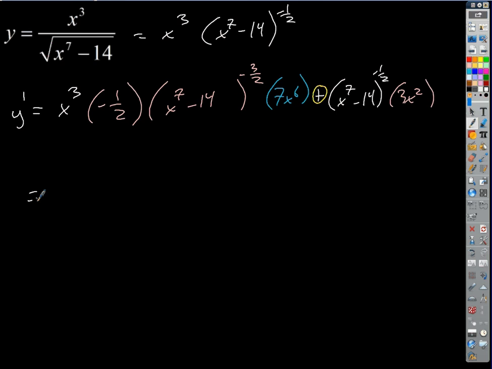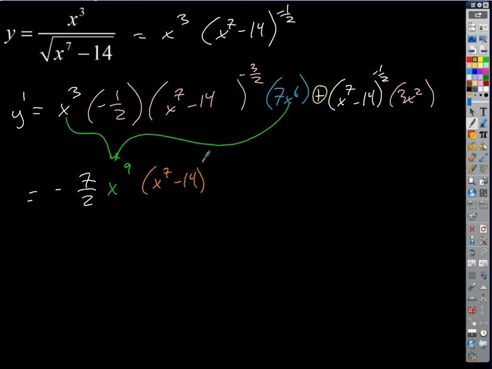So negative 7/2, and then x to the 6 times x cubed is going to be an x to the 9th, right? Times x to the 7 minus 14 to the negative 3/2.